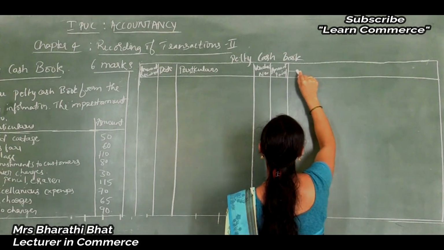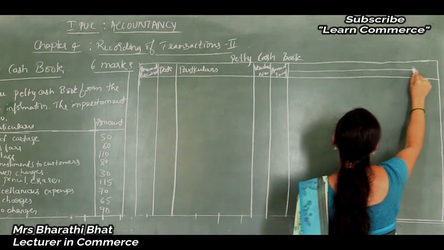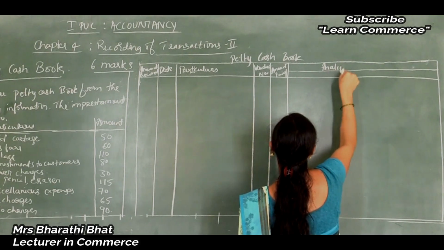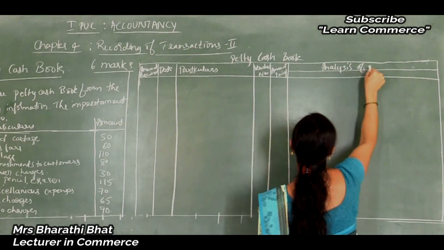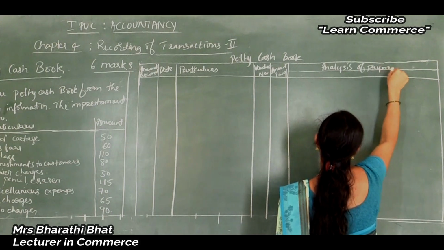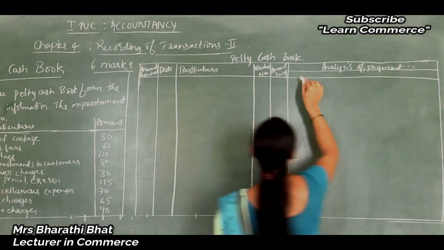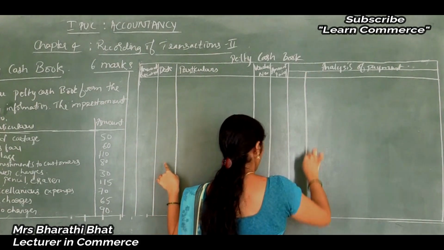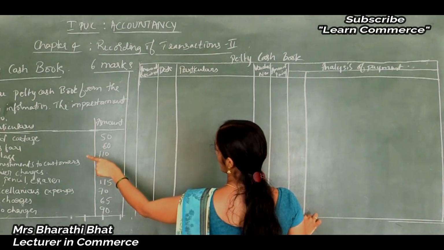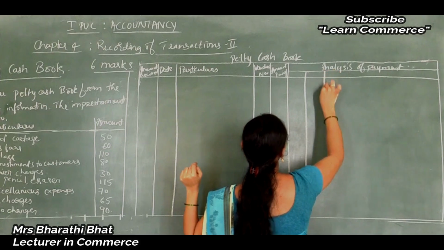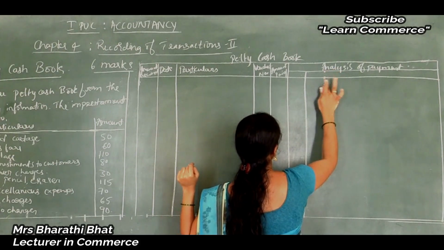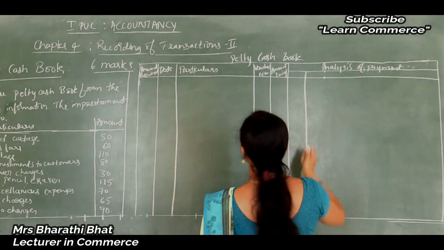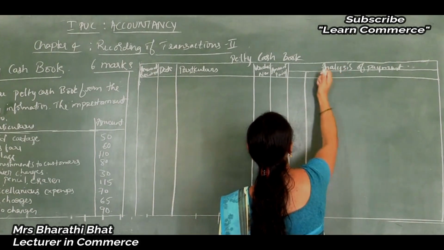Afterwards, here you need to draw one more column, and above the column, analysis of payments. And below that, based on the transactions, you can draw the lines. First one for postage, and next one bus fare is there. Or else you can draw the columns like this.